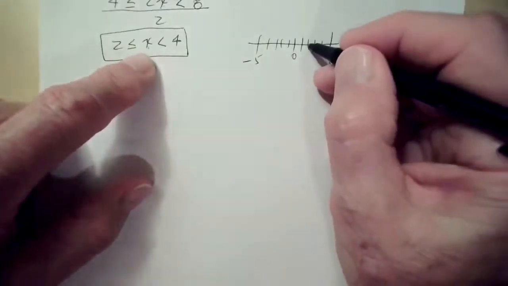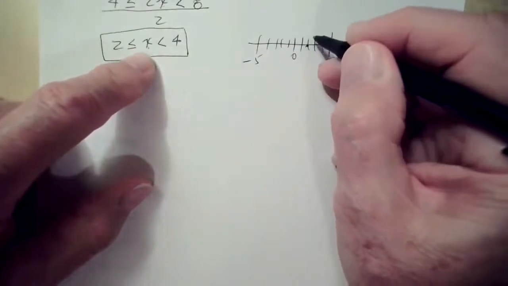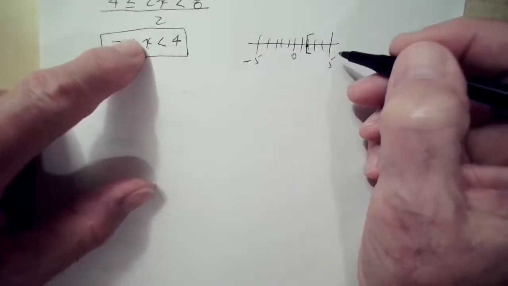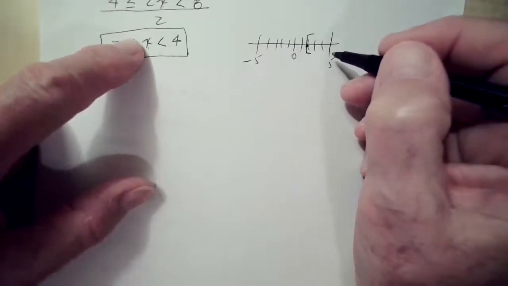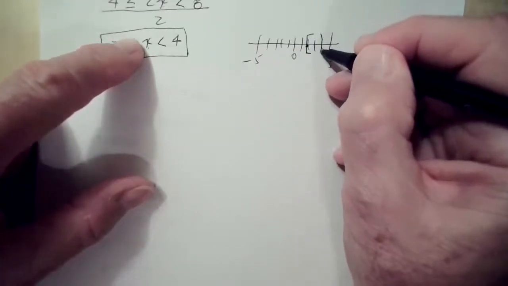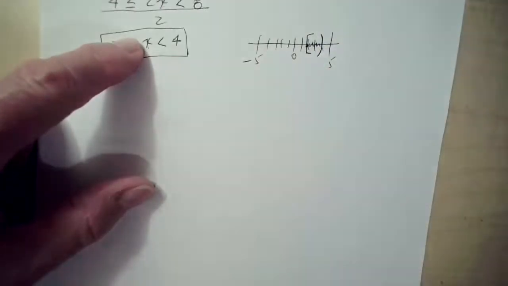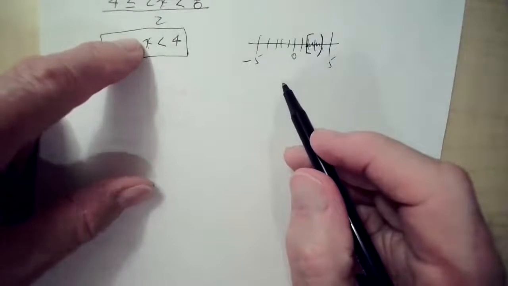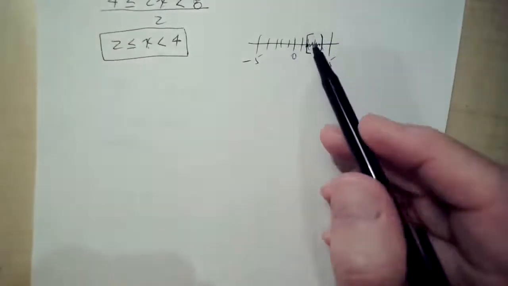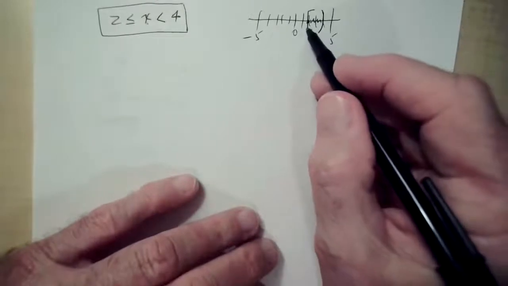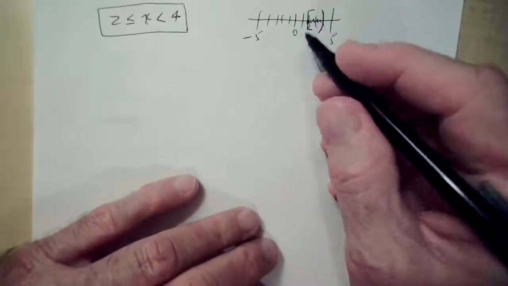Okay, so x is greater than or equal to 2. Here's 2. Greater than or equal to is that way. But x is also less than 4. Just these numbers right in here. Now our interval notation, again, mimics the graph.